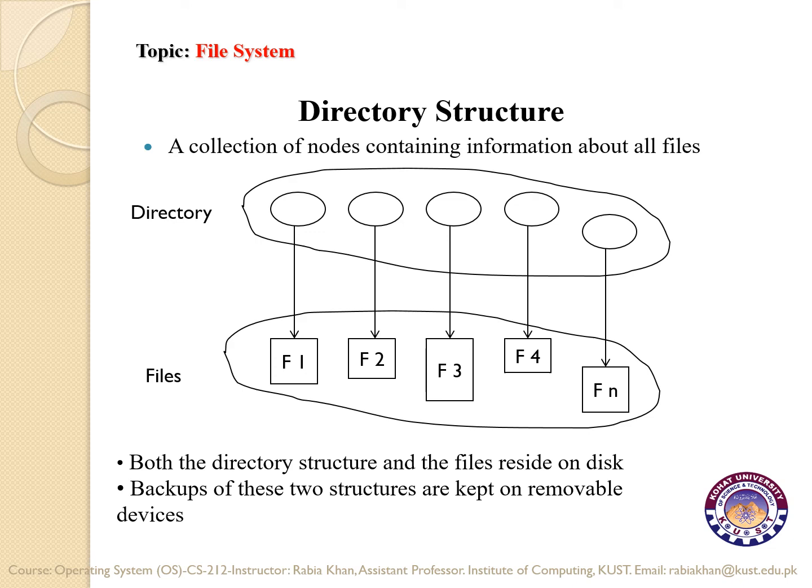Some directories are made by the user on disks, and as per your convenience, you store your files in respective directories. One directory may hold multiple files, and one file may hold multiple type of data. So this is the complete structure of directory.